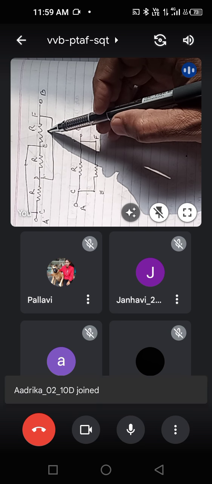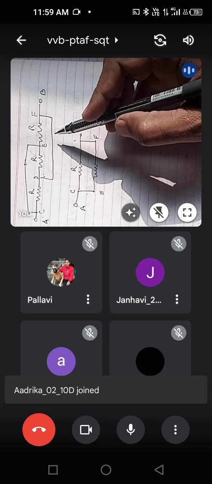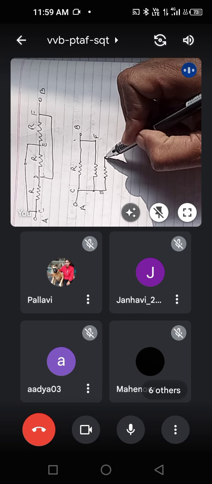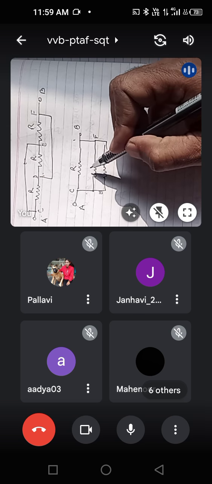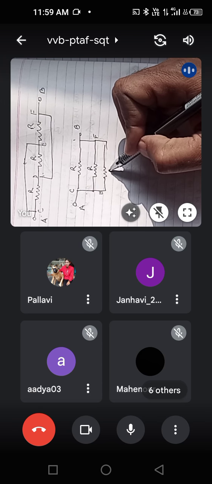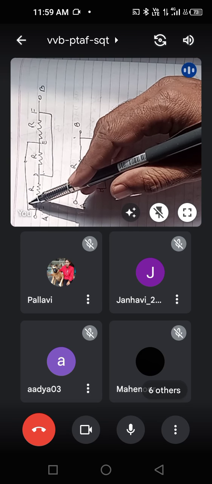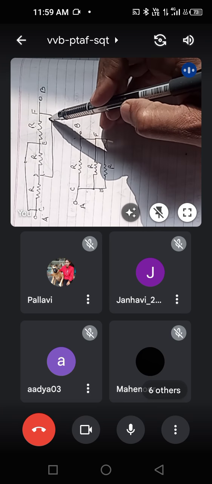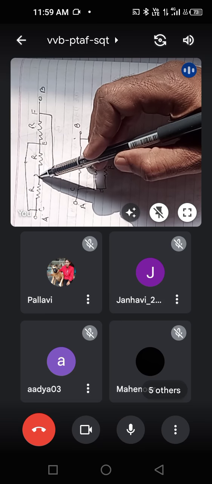This third resistance you will draw this way. So there are three resistances, and all three of them are parallel. Start from here, goes through a resistance, reaches B. Start from here, goes to B.